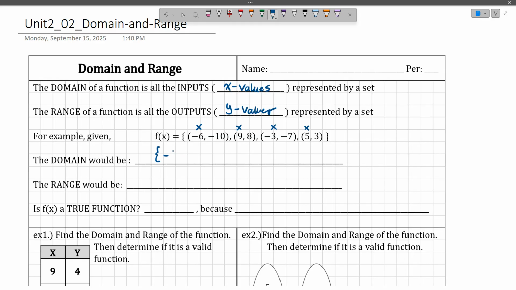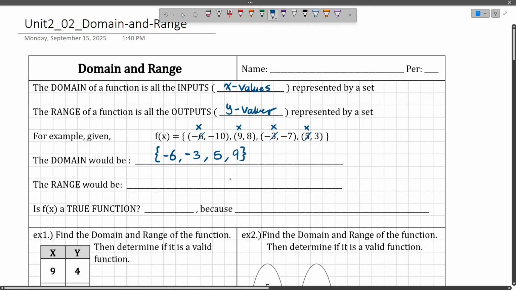So -6 would be the smallest, and then the next smallest would be -3, and then the next smallest is 5, and then lastly, the last input, the last x value is 9. And there you go. You just, I gotta work on my little squiggly there. You just wrote domain. It's that simple, okay?